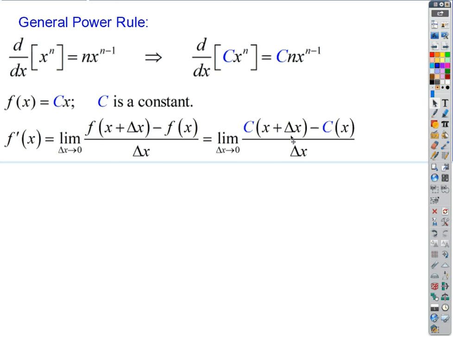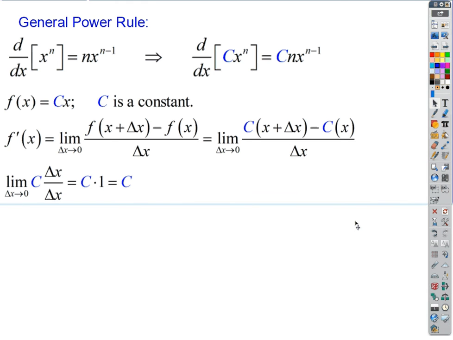Should be an n there, shouldn't there? Oh, not if I do cx, never mind, I'm right. Minus c times x. Now look what happens. If I do the math and I distribute the c, what's going to happen here? It's just going to be in each term, and so why couldn't I just factor it out in front of the whole thing? I can, right?